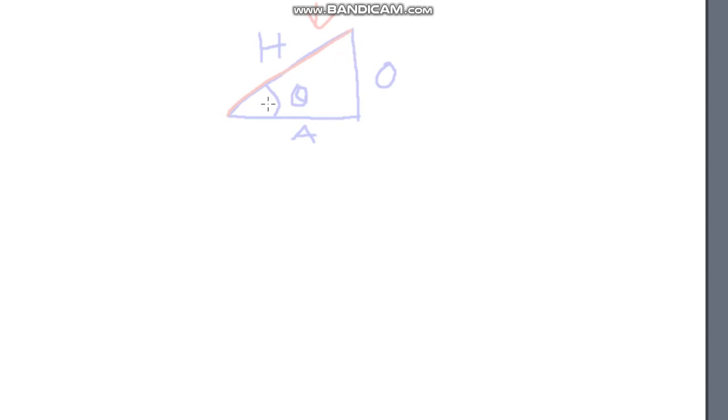You just slightly move this and make it the x component.